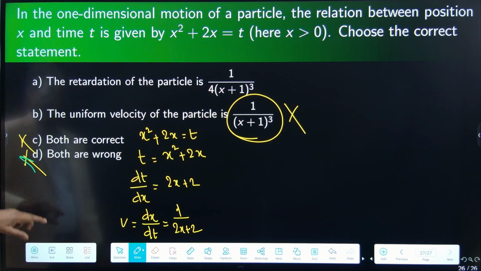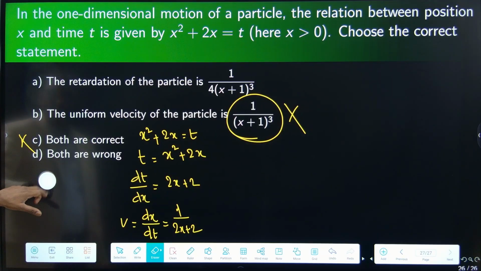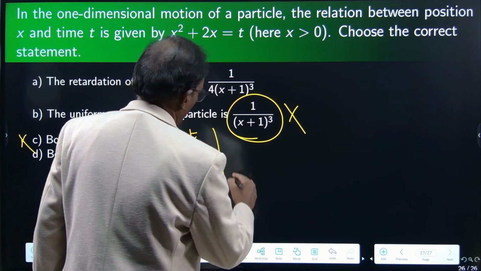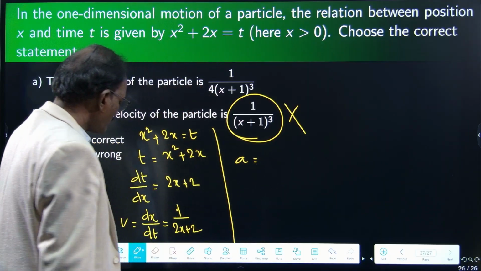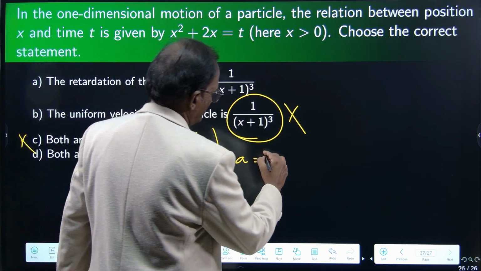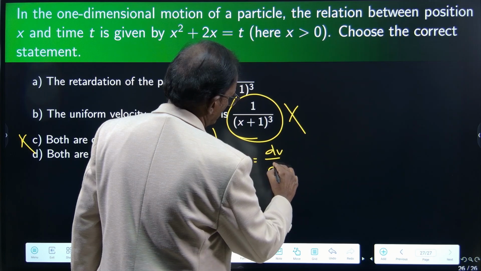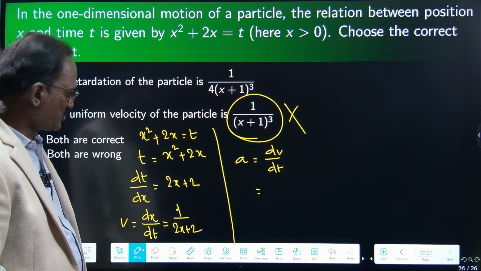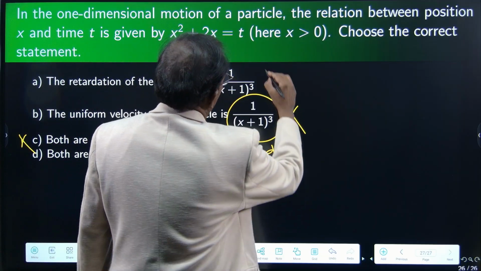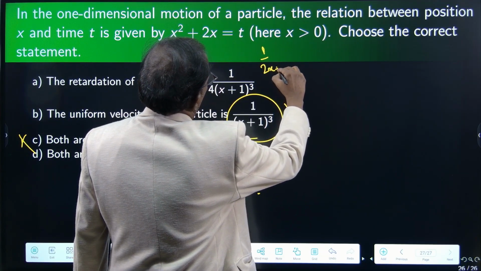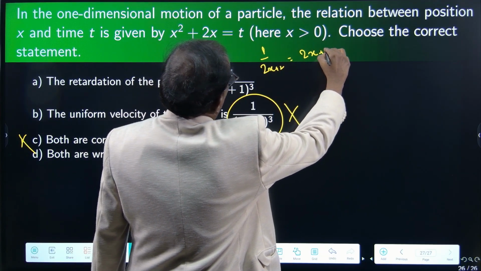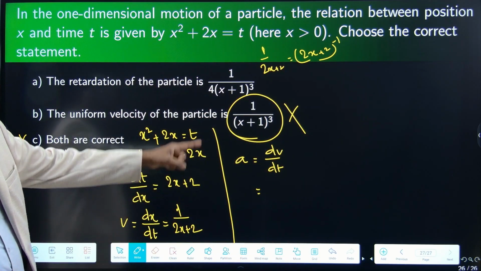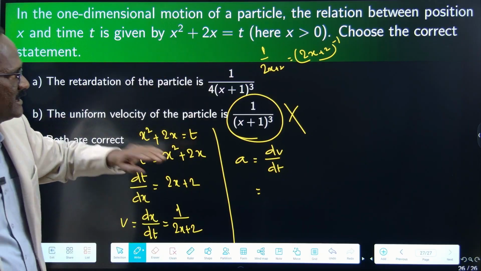So option D, let us check. Find the acceleration. a is equal to dv by dt. Velocity is 1 divided by (2x + 2), which is written as (2x + 2) to the power minus 1. So differentiate it.